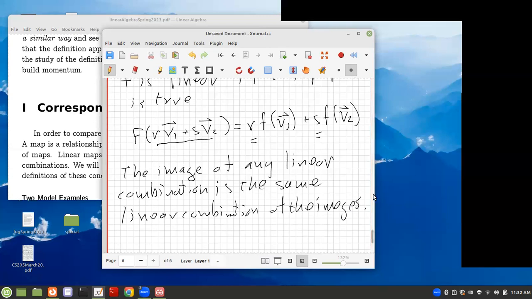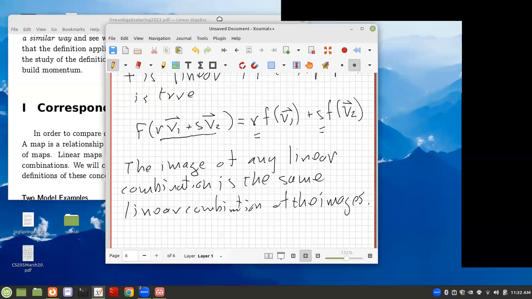Now it's important to go and actually be concrete here and do some examples.